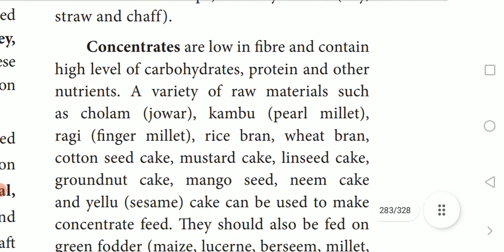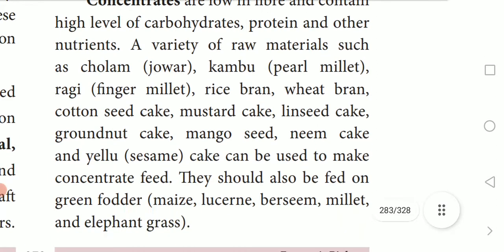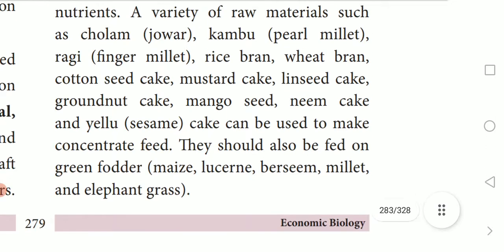Concentrates are low in fiber and contain high levels of carbohydrates, proteins, and other nutrients. A variety of raw materials such as cholam, kambu, ragi, rice bran, wheat bran, cotton seed cake, mustard cake, linseed cake, groundnut cake, mango seeds.